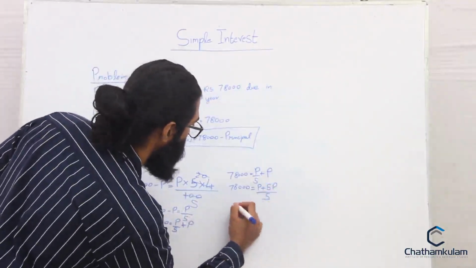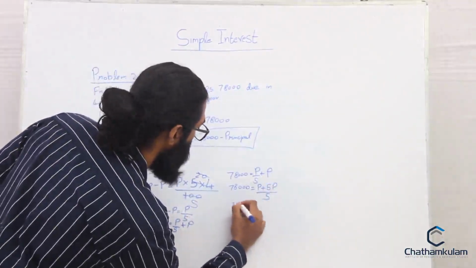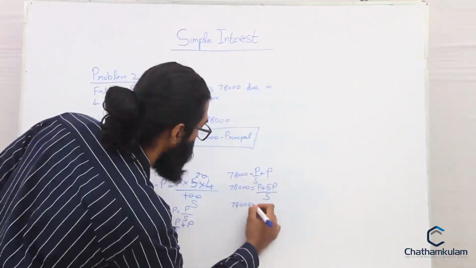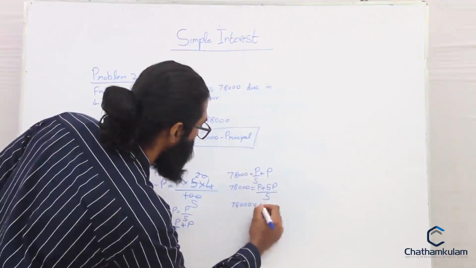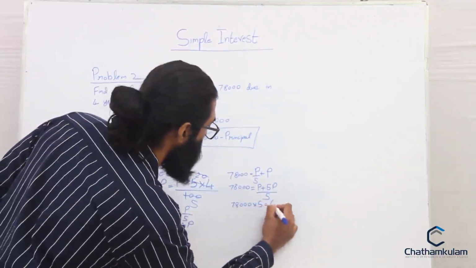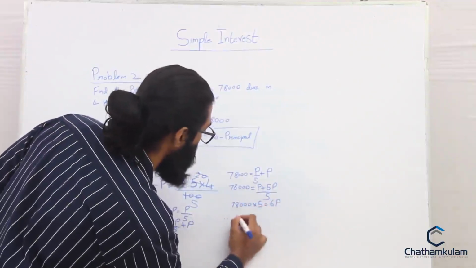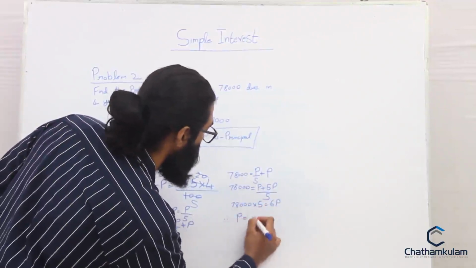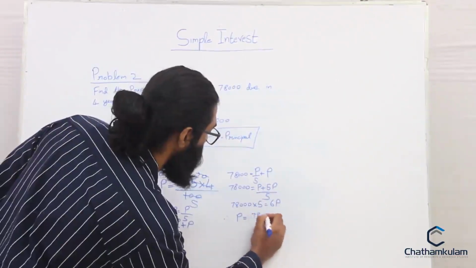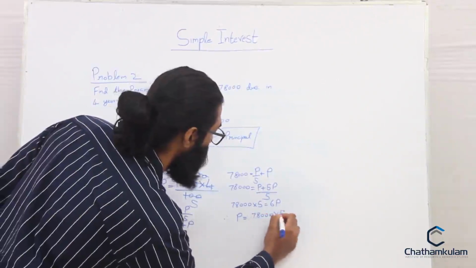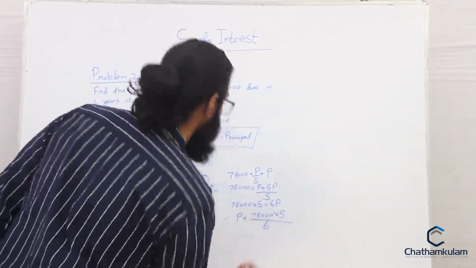So we get 78,000 into 5 equals 6P. Therefore P equals 78,000 into 5 by 6.